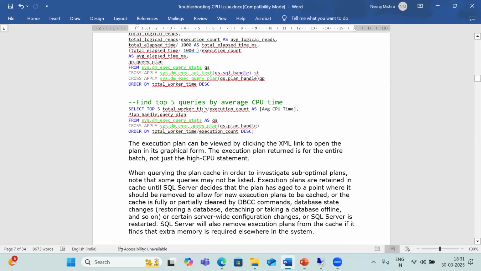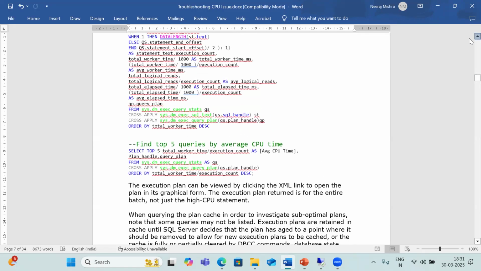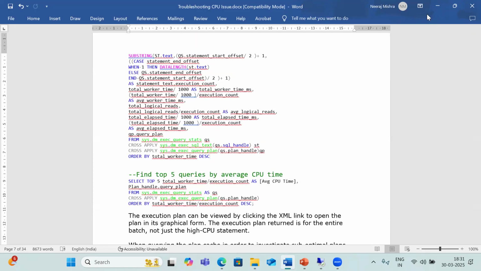You see here, we are trying to find the top 5 or 10 queries based on the total worker time, right? So where is this concept coming from? This concept is coming from the worker.